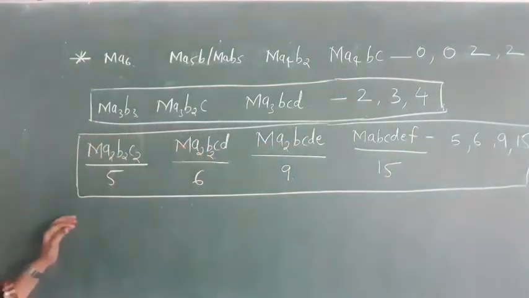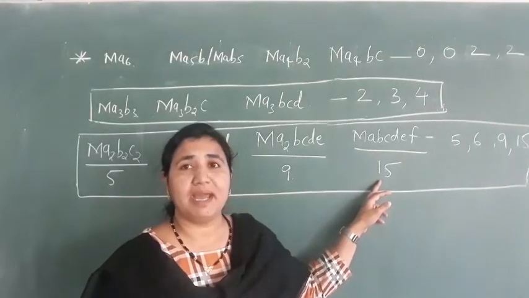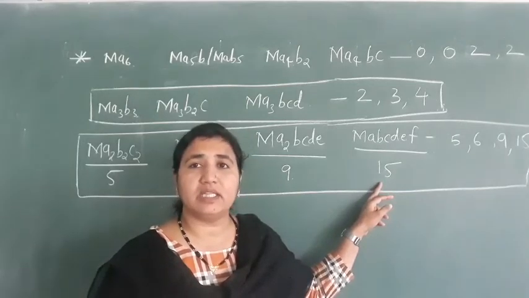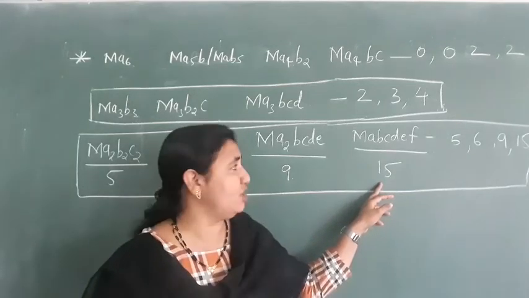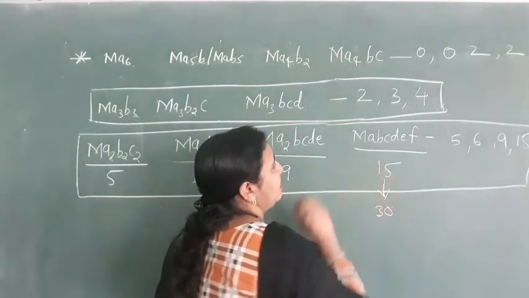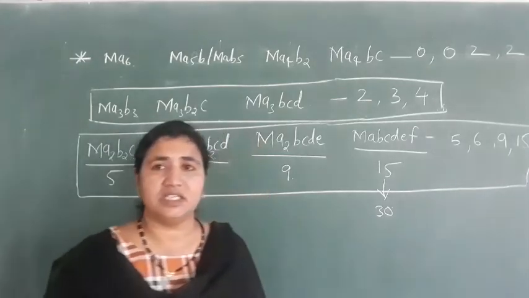We will get 15 isomers here in geometrical isomerism, and all the geometrical isomers are optically active. So we will get a total of 30 stereoisomers for this one. Okay, these all 15 geometrical isomers are optically active, and that's why we will get 30 stereoisomers for this one.